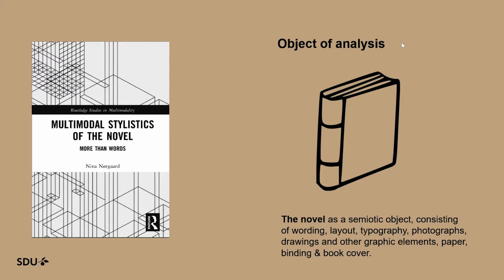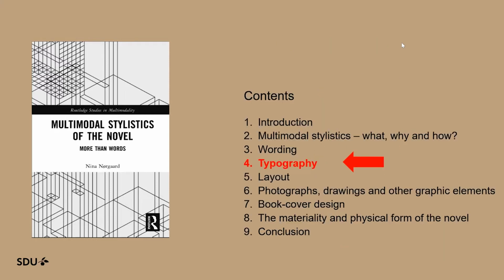So it's basically the idea that what I analyze is the novel that I pick up and read and try to find out how do we make sense of that as a semiotic object. So not just a verbal narrative. I structured my work around the different semiotic resources or modes. And one that I found particularly interesting is typography, and that is what I will be talking about today.